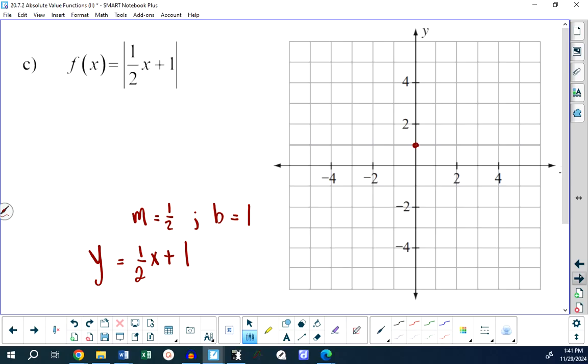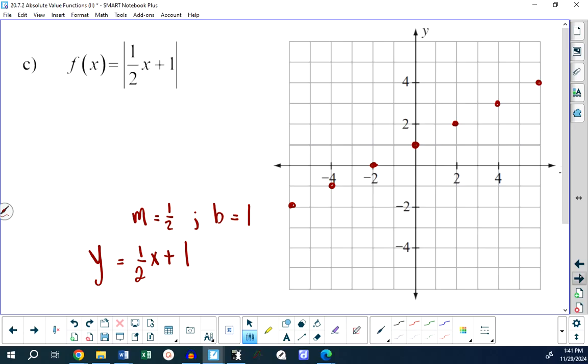This is the y-intercept, and this graph has a slope of 1/2, which means you go over 2 and up 1, over 2 and up 1, over 2 and up 1, right? Going in the other direction, my question is this.